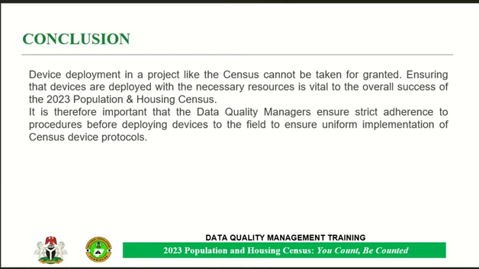What this simply entails is that all the devices must be provisioned and onboarded according to the instructions provided to the data quality managers. On no account should any device function outside of the National Population Commission policy for the 2023 Population and Housing Census.